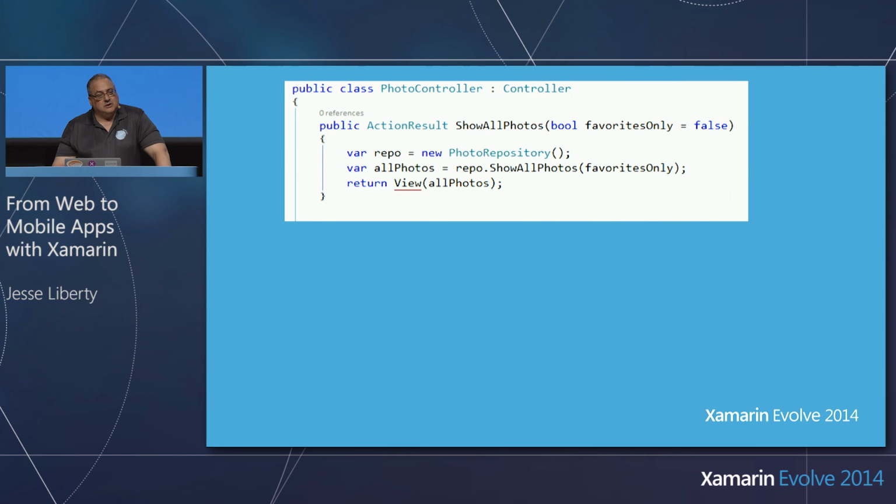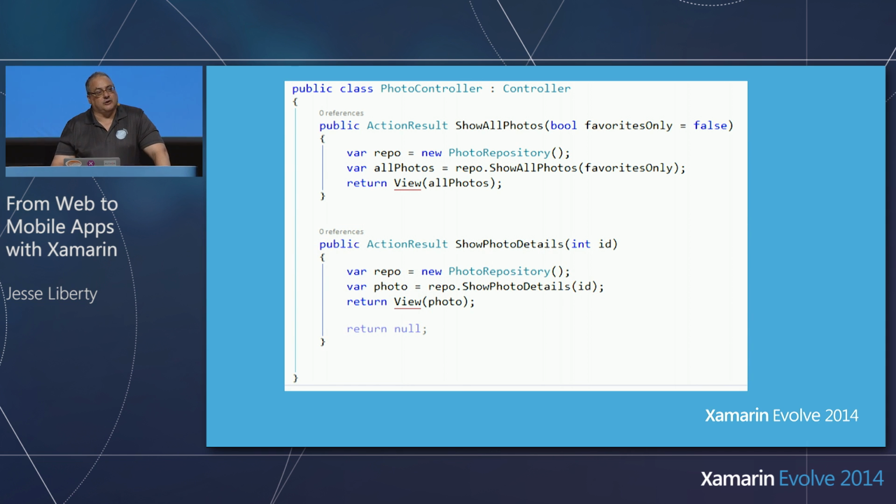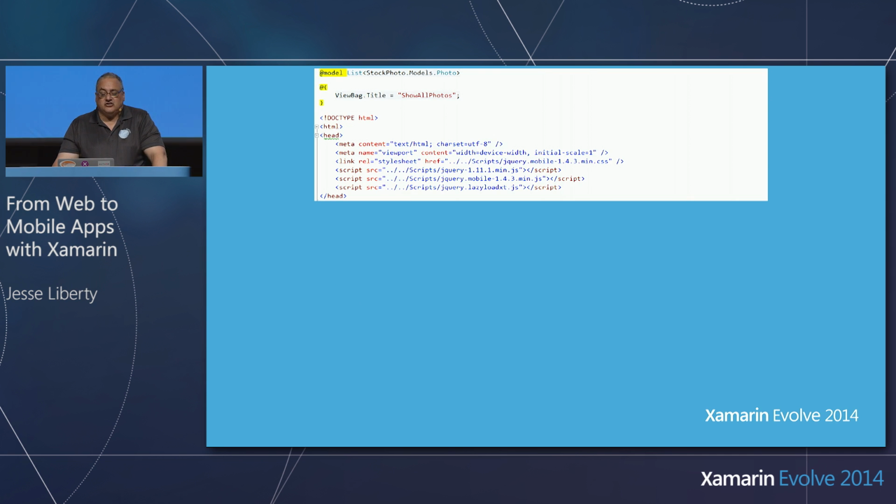The controller is a straightforward MVC controller. Call this PhotoController, and it has two methods, ShowAllPhotos and ShowPhotoDetails. So once again, a straightforward MVC application. The CSHTML is exactly what you would expect.